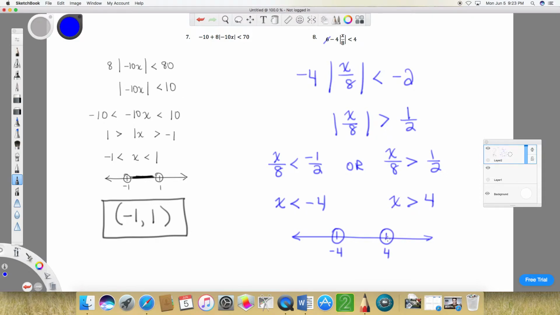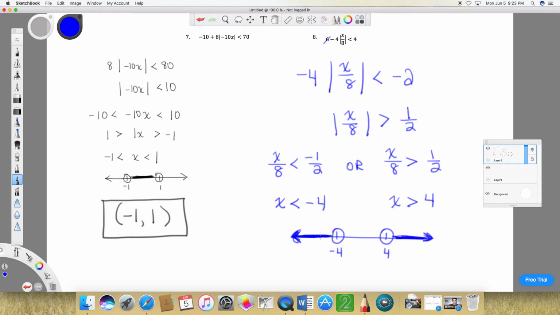Different textbooks may use different vocabulary, so I've been saying all of those in these videos so that you're hearing the vocabulary. X less than negative 4 means all the numbers to the left of negative 4. X greater than 4 means all the numbers to the right of positive 4.